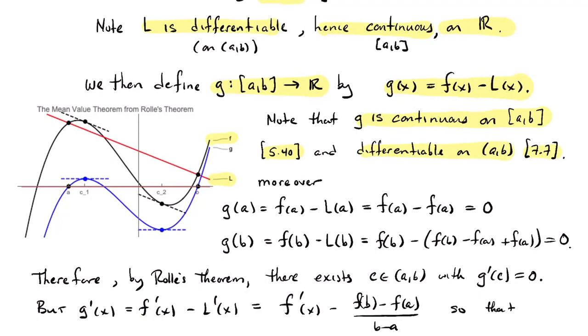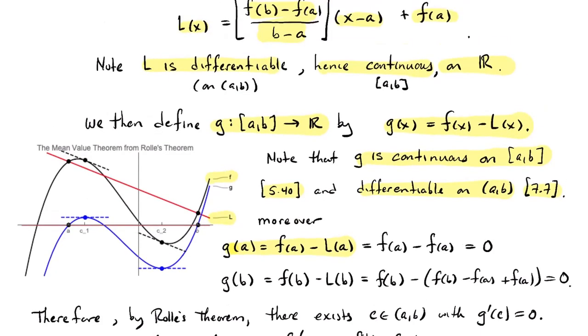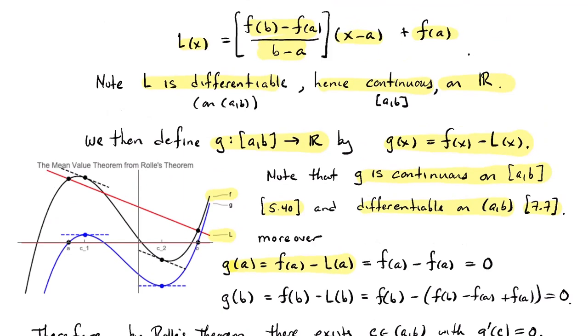Okay, and then here I'm just calculating what's clear in the picture. You can stop the video and do the arithmetic yourself, but evaluating g at a, by definition, it's f of a minus L of a. But let me scroll back so we can see our formula for L here. If you plug in x equals a, then this term is 0, so you just get f of a. f of a minus f of a is 0.